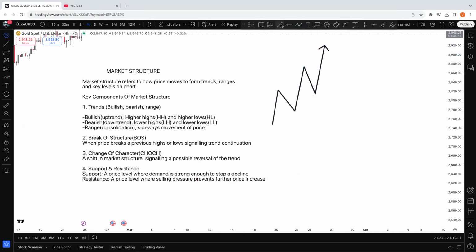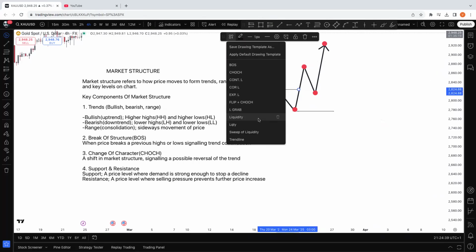And when price does this, this is a higher high, and then this here is a higher low, right? So higher high, higher low, higher high, higher low, higher high, right?